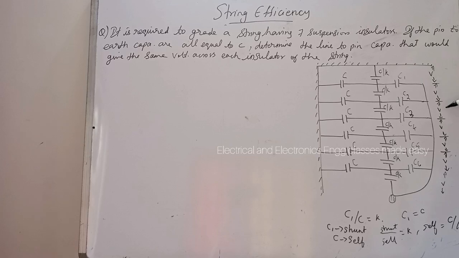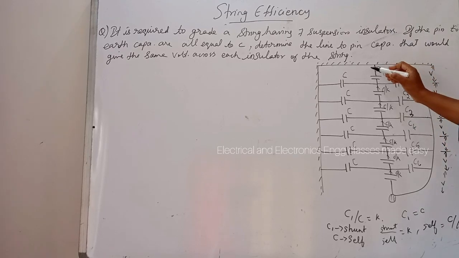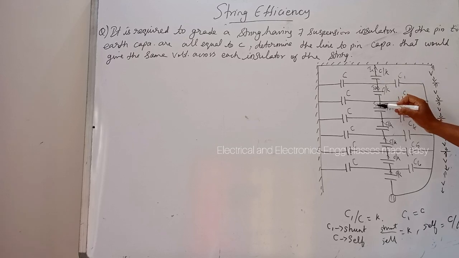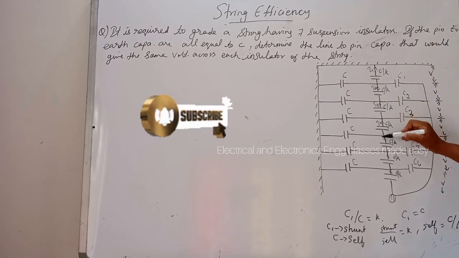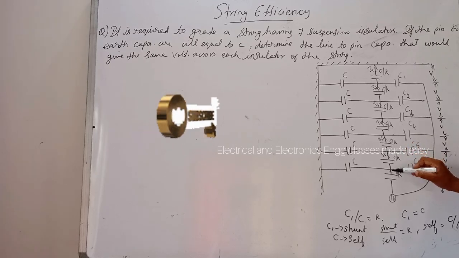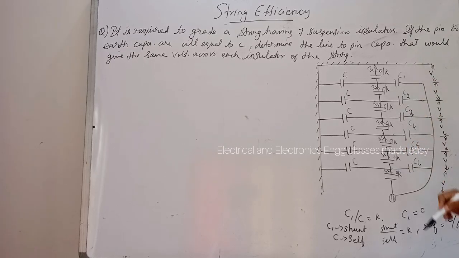And here all the voltages are equal, so the current through these self capacitances are equal, so all values will be equal to I. So I1 equal to I2 equal to I3 equal to I4 equal to I5 equal to I6 equal to I7. So all the currents are equal.